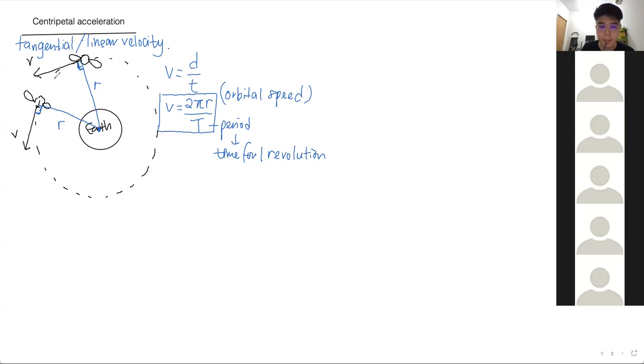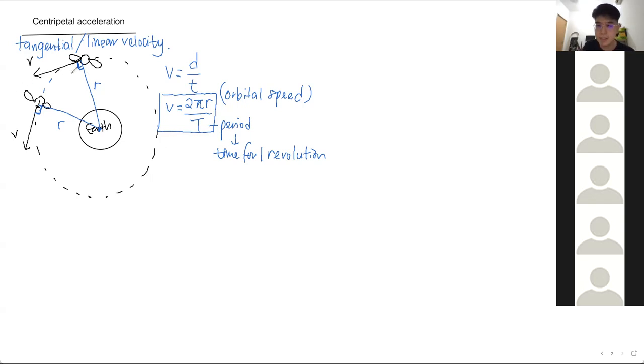I repeat: the linear velocity is just right. It's just enough to keep them in orbit, without falling off and without drifting away. Imagine that this satellite is constantly trying to escape from the orbit because of its linear velocity.